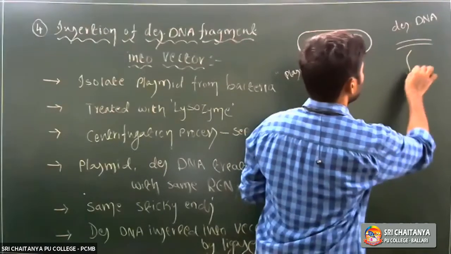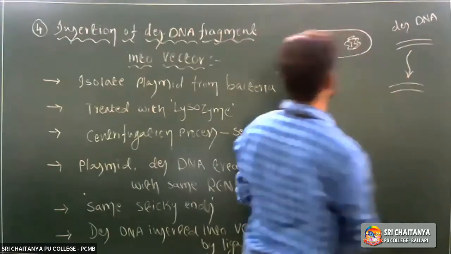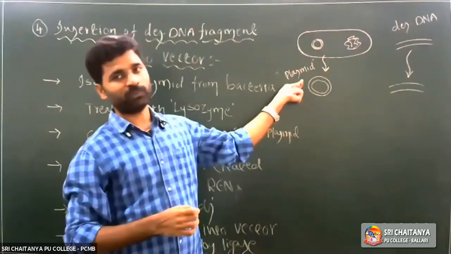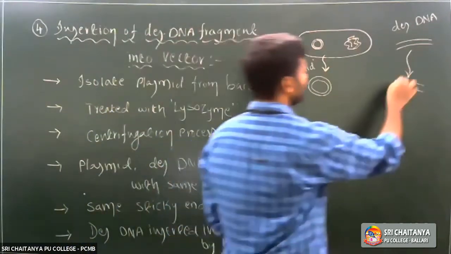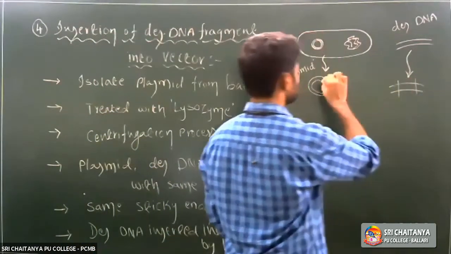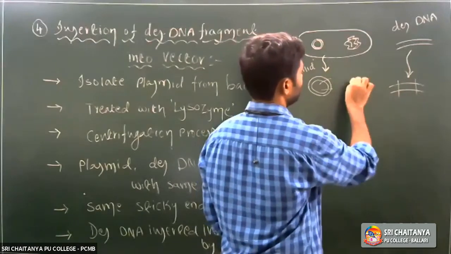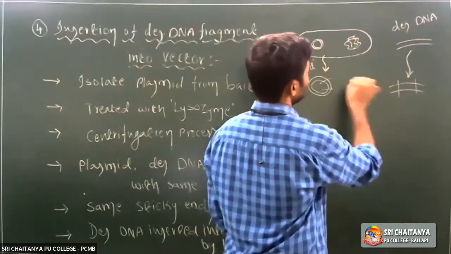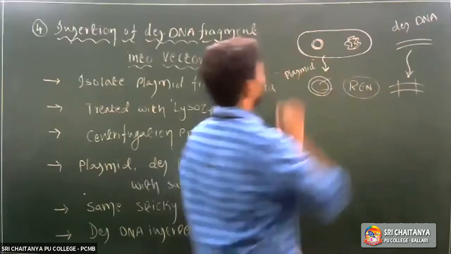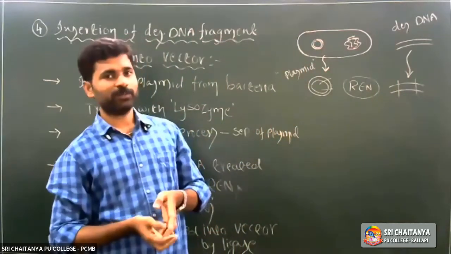So here the desirable DNA fragments and the plasmid or vector genetic material are treated with the same type of restriction endonuclease enzymes. Plasmid is nothing but the vector here.